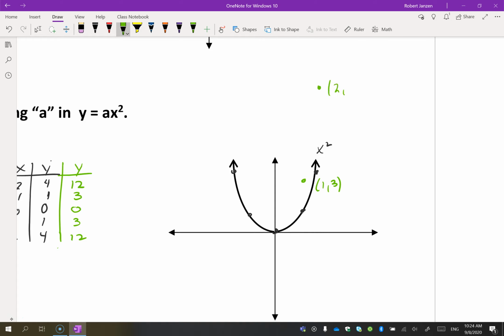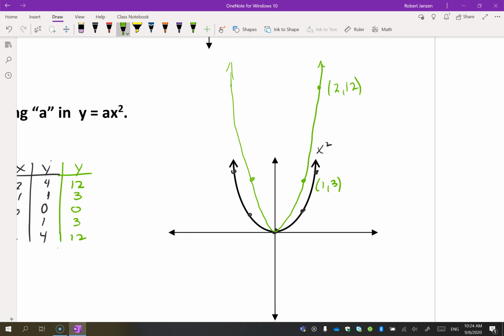When x is 2, y is going to be 12 now. And if we do the same thing on the other side, this graph is going to look something like this.